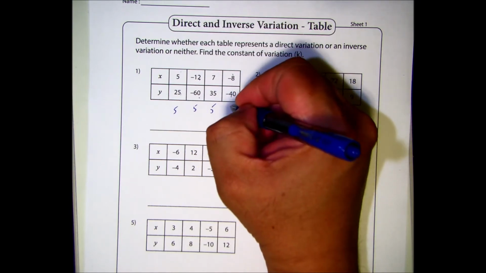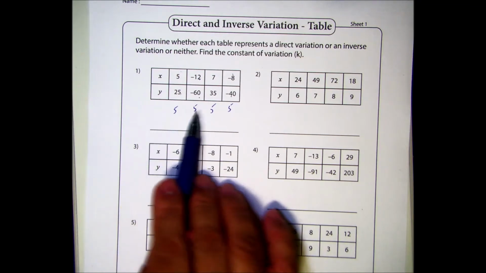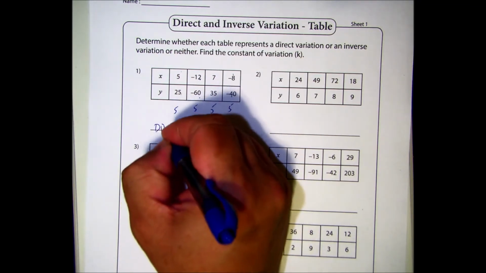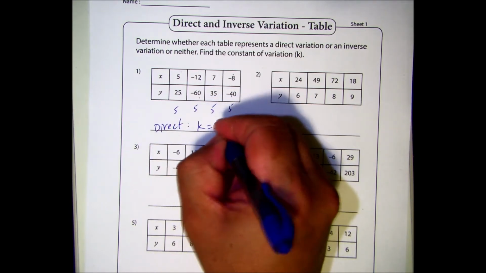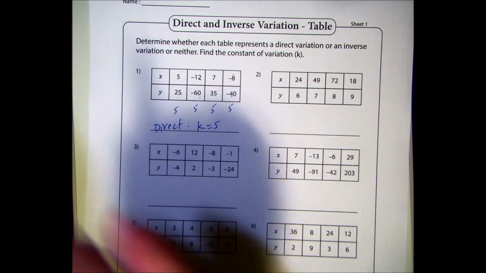Negative 40 divided by negative 8 is 5. So when all these numbers are the same after division, then it is a direct variation, and k is that number. If you divide it the other way, you'd have to go back and divide y by x. So why not start by dividing y by x to begin with?